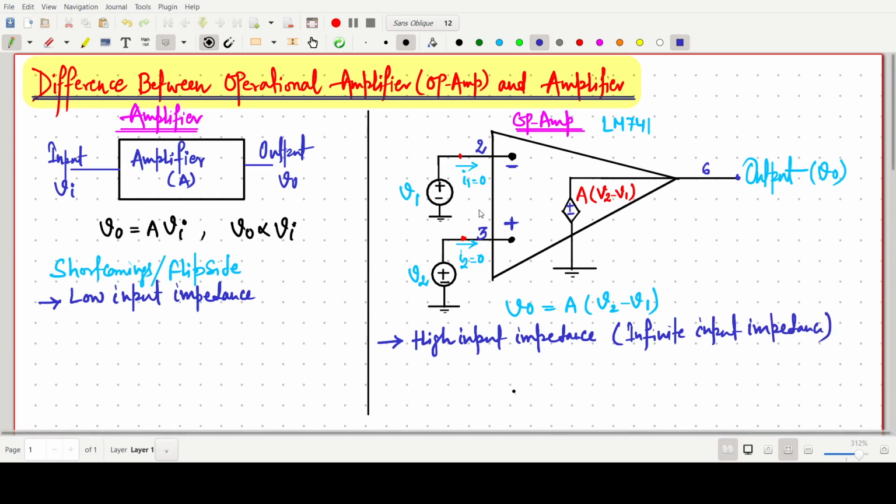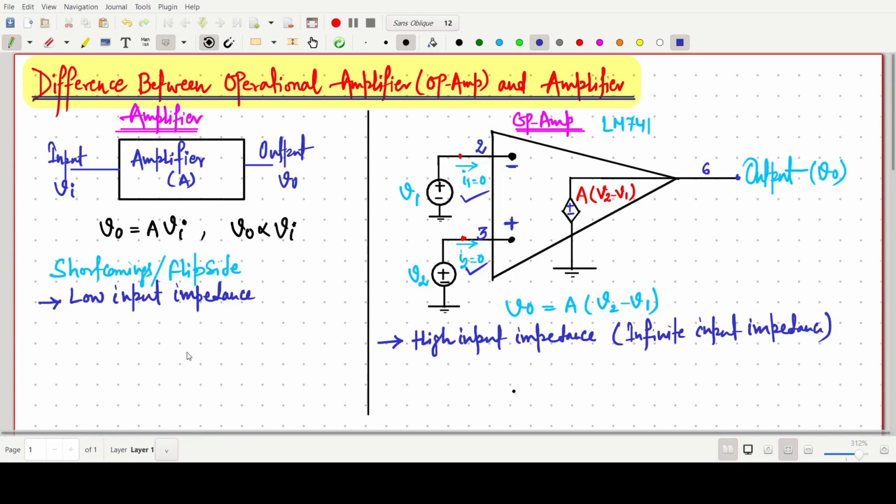That's why the currents through the inverting and non-inverting terminals, I1 and I2, will be zero. So this is the first difference: the input impedance is low in a traditional amplifier, and in an op-amp circuit it is very high.